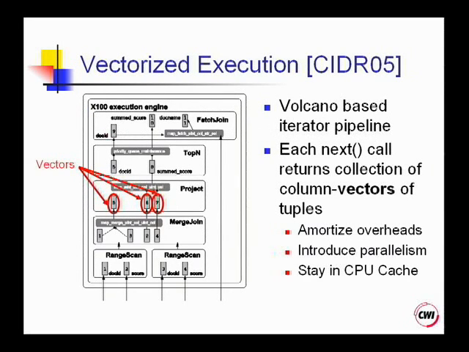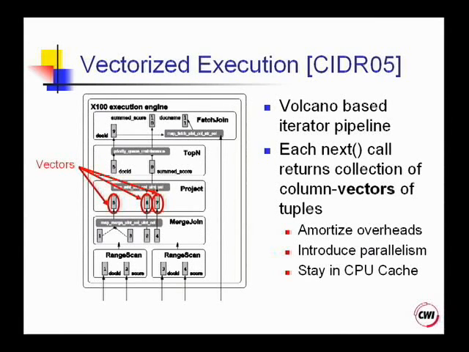Well, one of the key ingredients to this is to vectorize the database engine. So our MonetDB X100 kernel employs a standard relational engine based on the Volcano iterator pipeline. You see an example of a query plan on the left in the figure. So the two range scans you saw in the query, merge join, project.